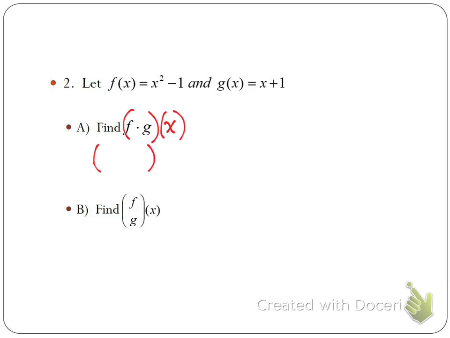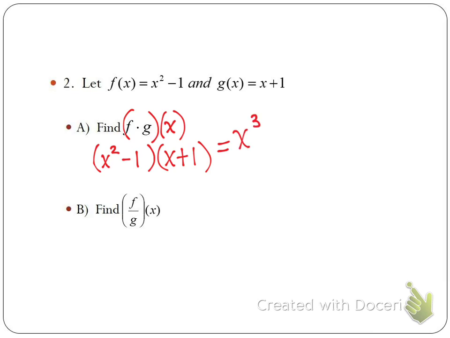Once again, I would use parentheses when we're multiplying these together. Helps us remember to double distribute. What should go in my front parentheses? X squared minus 1. And in the back? X plus 1. Once again, we double distribute. X squared times x.